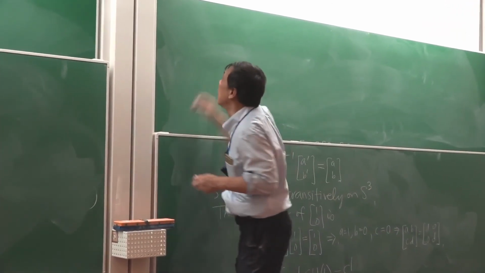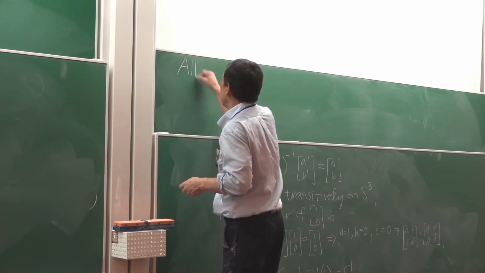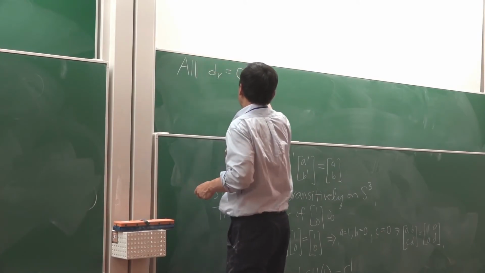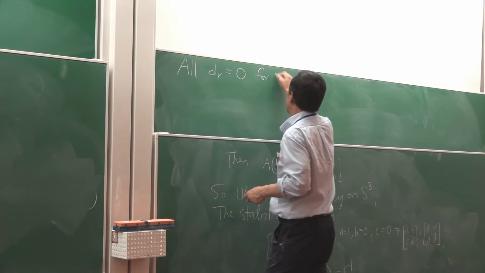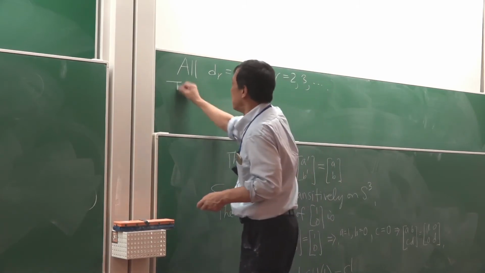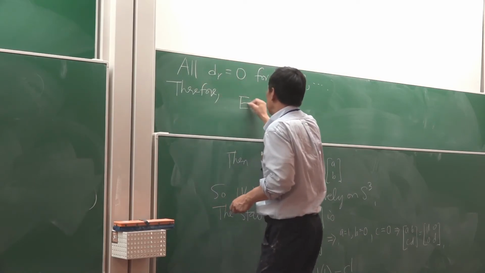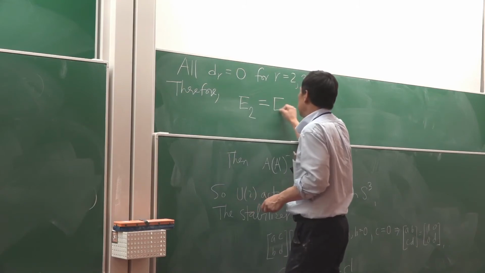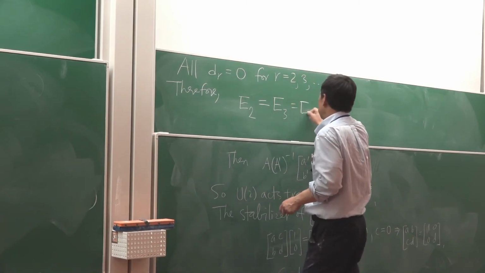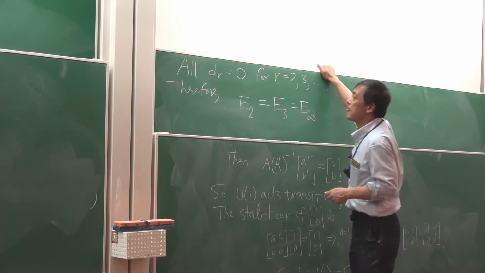Okay, so therefore E2 is equal to E3 is equal to E infinity.